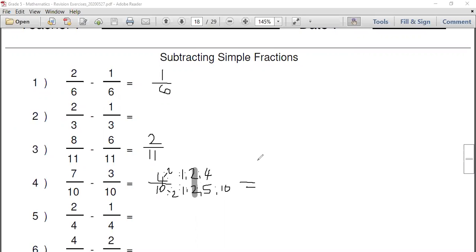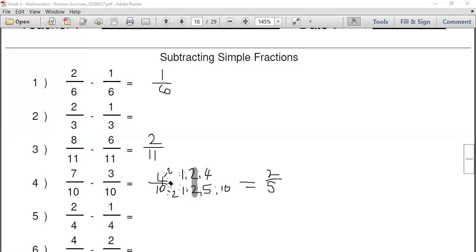What is 4 divided by 2? 2. And what is 10 divided by 2? 5. So now my simplest form is 2/5. Got that? Yes, ma'am. Thank you.